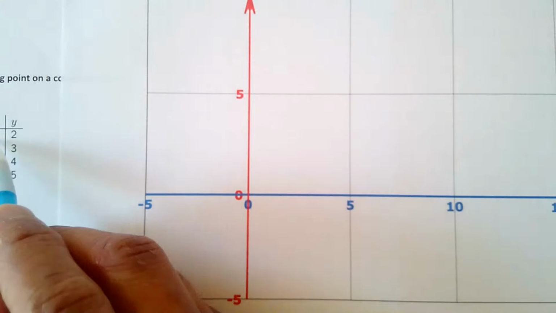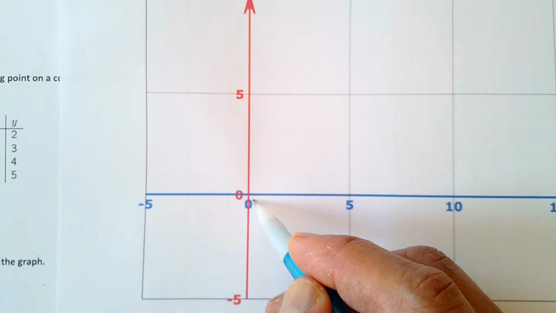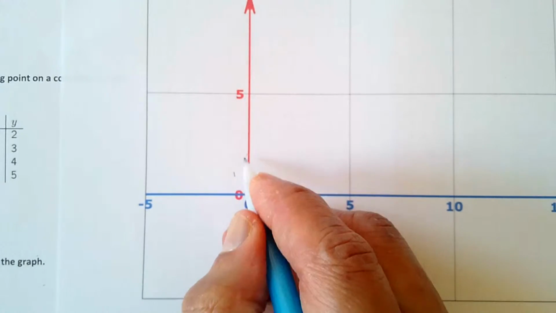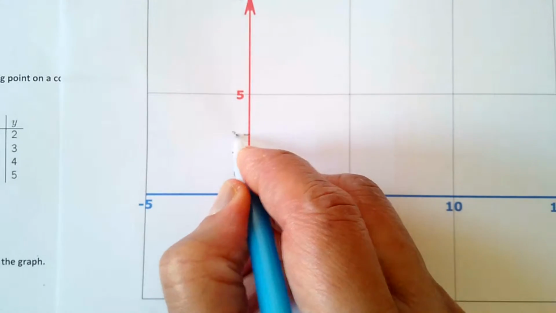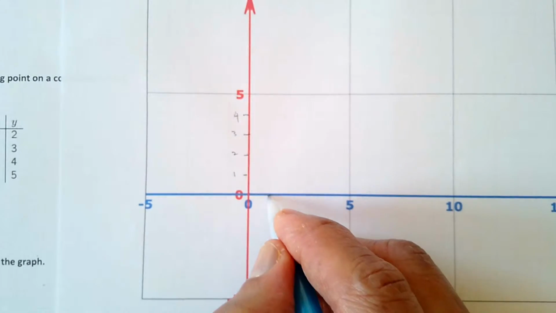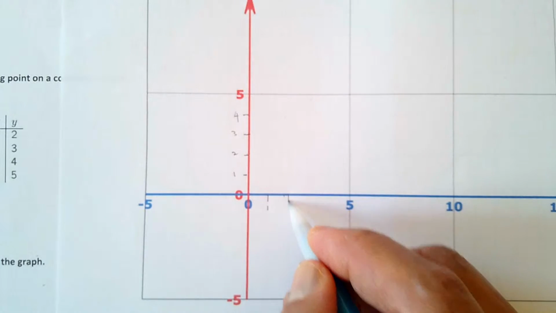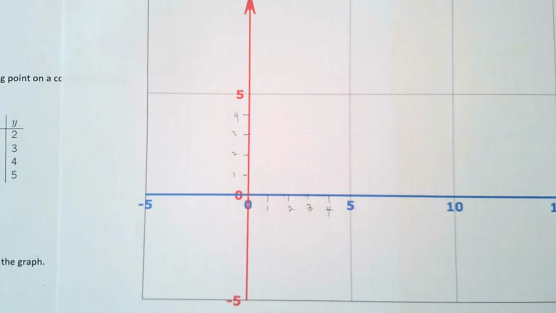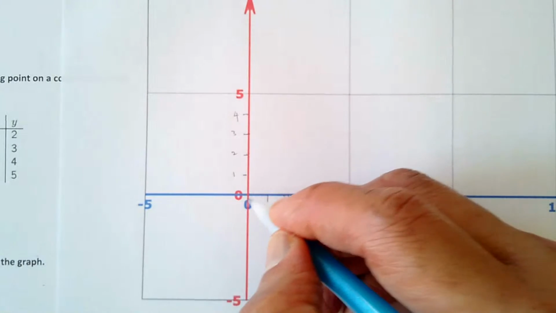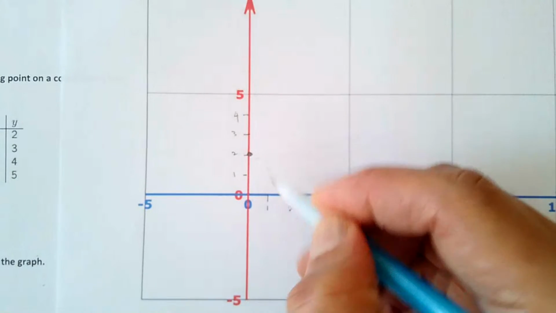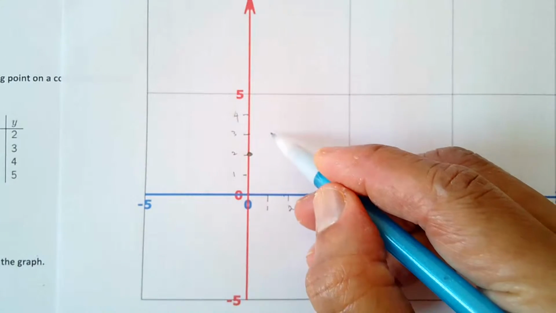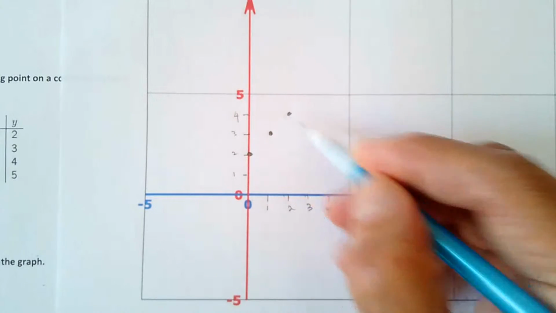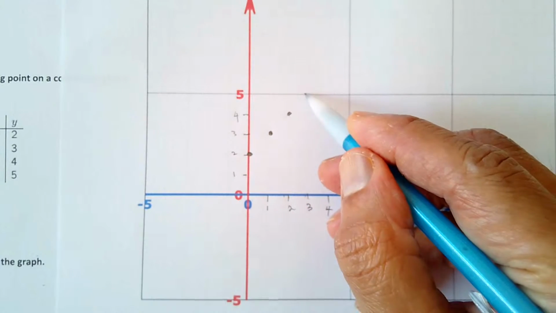Now, let's find our point 0, 2. Here we have 1, 2, 3, 4, 5. Here you have 1, 2, 3, 4. So the first point is 0, 2, which is right here. The next point is 1, 3. The next point is 2, 4. Then 3, 5.